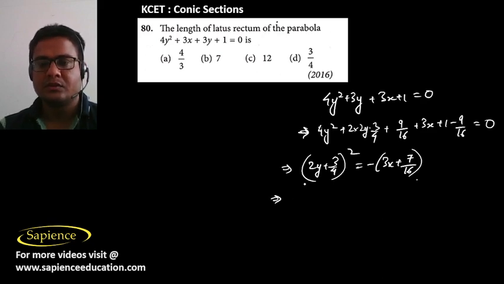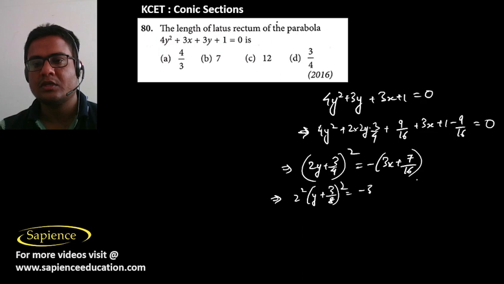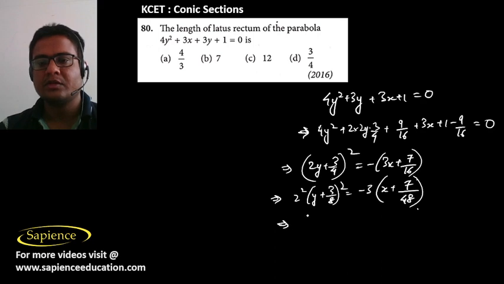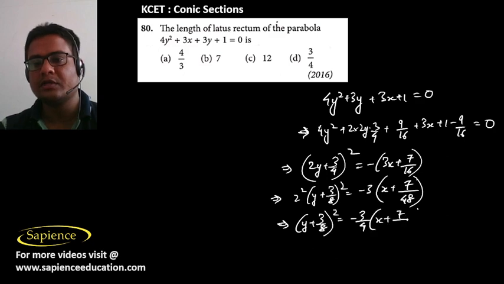From here we can take 2 outside, so this will be 2 square into y plus 3 by 8 whole square, equal to minus 3 into x plus 7 by 48. So y plus 3 by 8 whole square is equal to minus 3 by 4 into x plus 7 by 48.